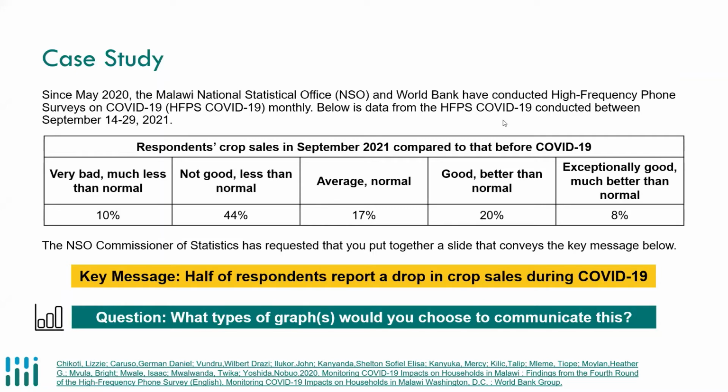So we talked about maybe a stacked bar graph, or maybe a pie chart, or maybe a bar graph. We didn't come to a conclusion, but that was the discussion we were going on.